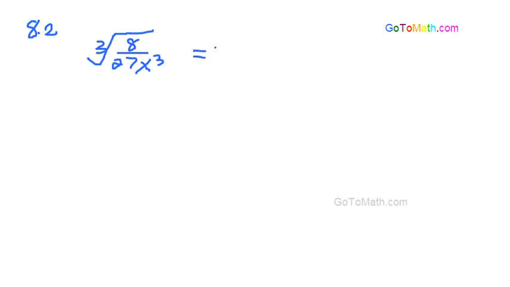So I'm going to rewrite this. We'll keep everything under the radical. We'll write this 8 as 2 to the 3rd over, and then 27 can be written as 3 to the 3rd, and x to the 3rd power.